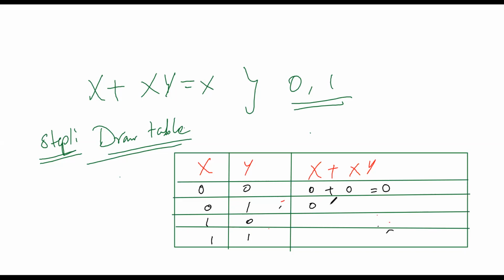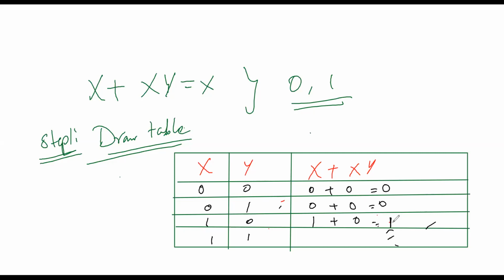Next, x is 0, y is 1, xy is 1 into 0, what is it? What will be the value you get? 0. Correct? I'm getting 0. Next thing is x plus xy. So 1 plus 0, that is again 1.